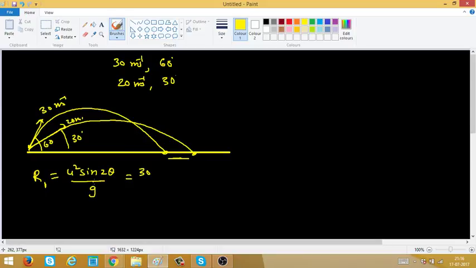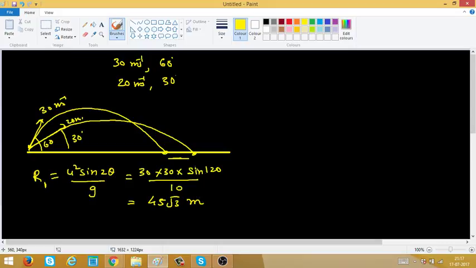For the first case, I'll get 30 into 30 into sine of 2 theta, which is sine of 120 degree, divided by 10, because we have been given the value of g as 10 in this question. I've actually solved it already. You'll get a value of 45 by square root of 3 meter.